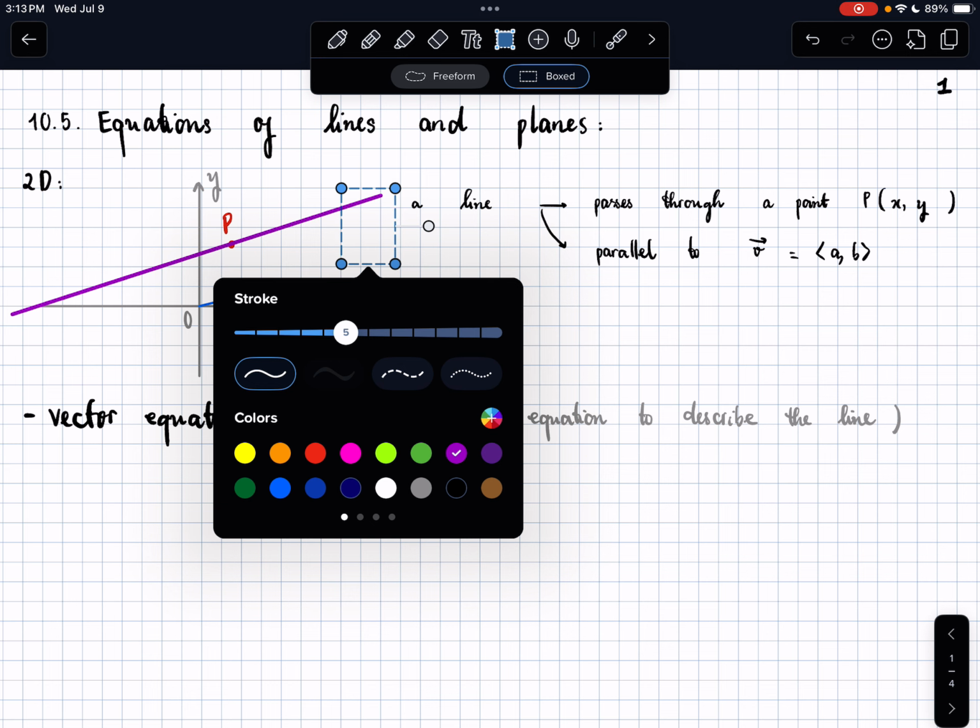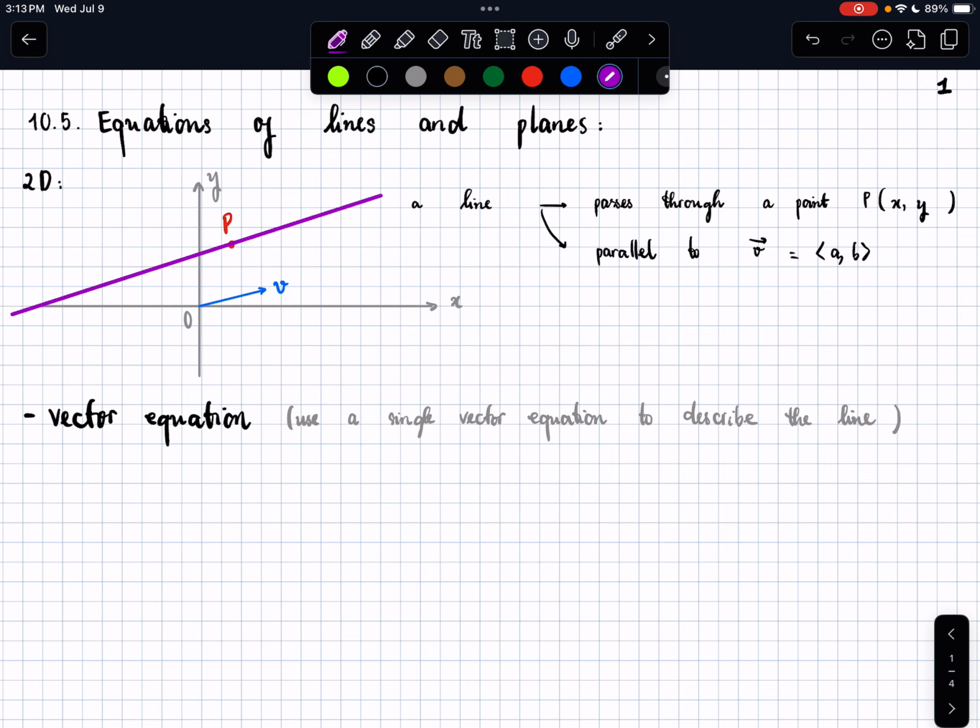Say this line is L, and we can find the equation of L. The first type of equation for L is called the vector equation. That is, we use a single vector equation, an equation that involves vectors, to describe this line.